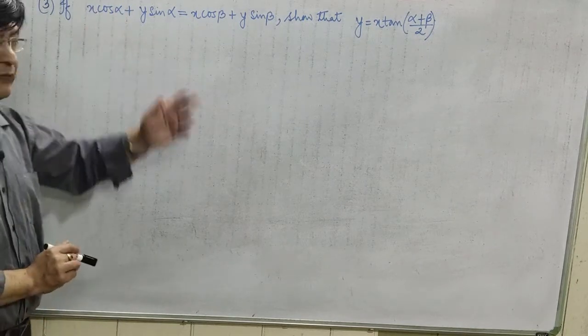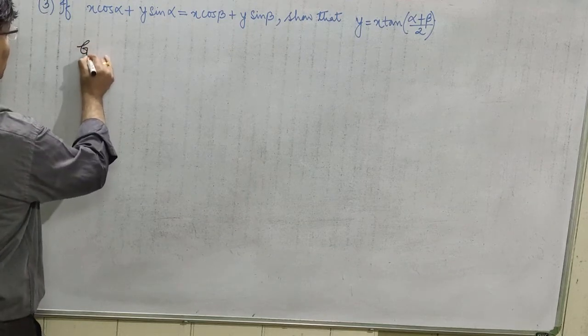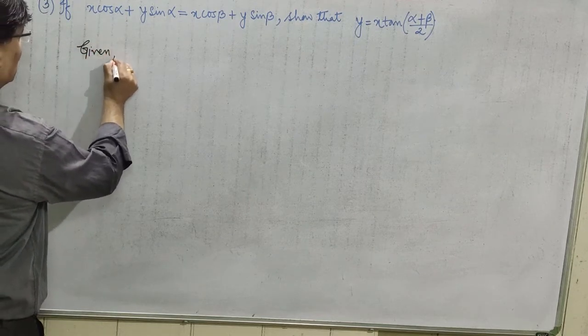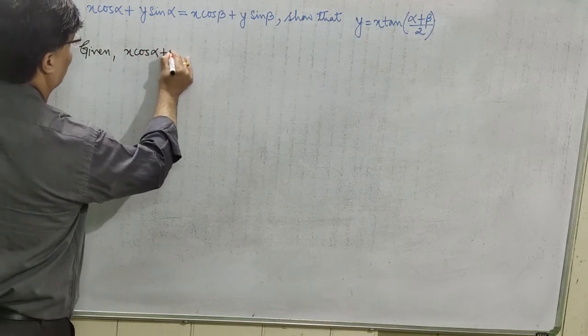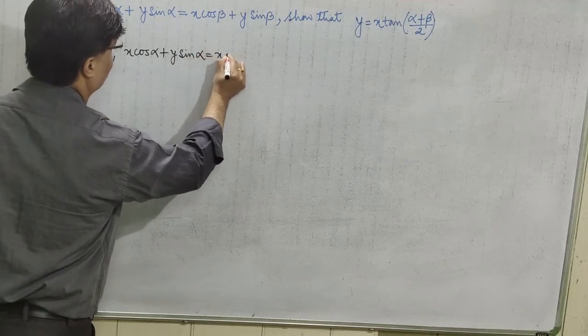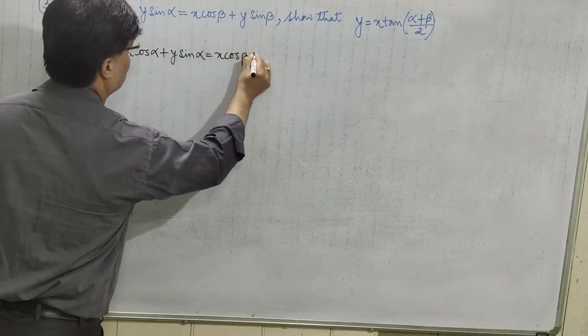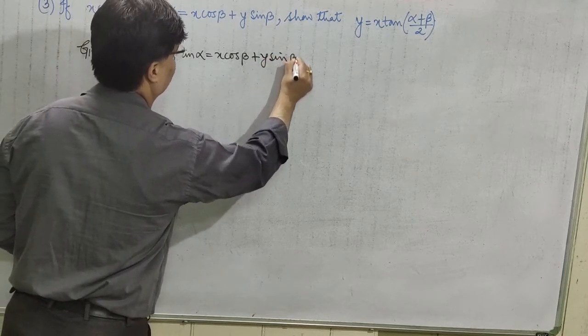Okay, from this given. So let us write down the given out here. Your given is x cos alpha plus y sin alpha is equal to x cos beta plus y sin beta.